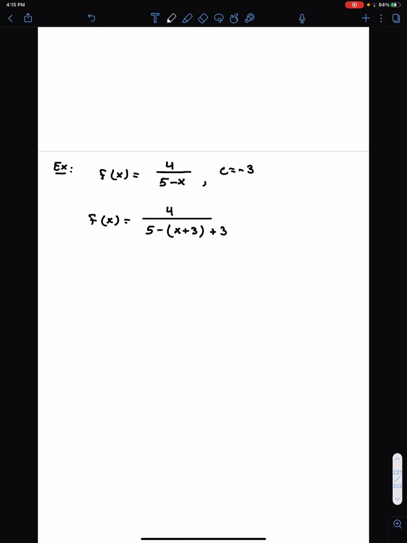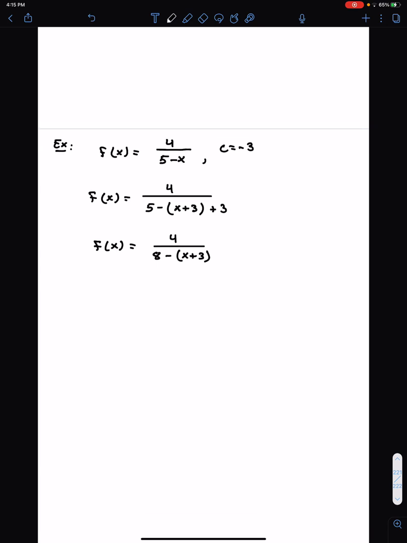So I'm forcing the center to be at -3. If I simplify the bottom, f of x equals 4 divided by 8 minus the quantity x plus 3.